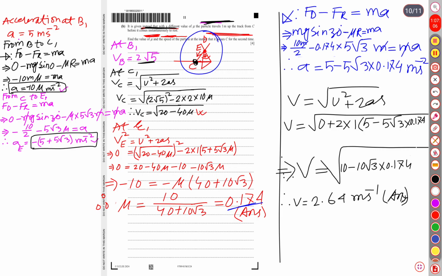In the second case, the particle was sliding downward, so it is a little different and we have to think of it from a different viewpoint, but it's all the same, applying Newton's laws of motion. Everywhere we used v squared equals u squared plus 2as, because displacement, acceleration and initial velocity are known in every case.